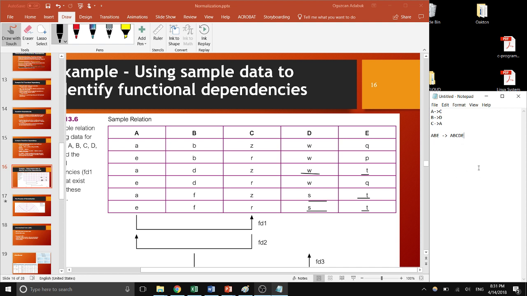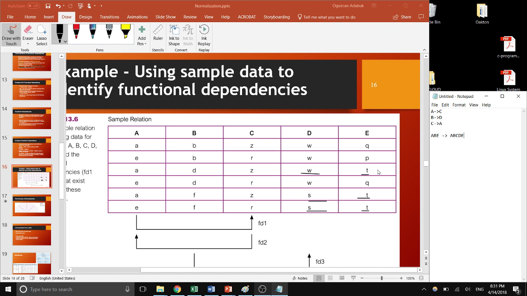No, it's not. There's partial dependency here, because E only depends on E here. Sorry, D depends on B, and C depends on A.